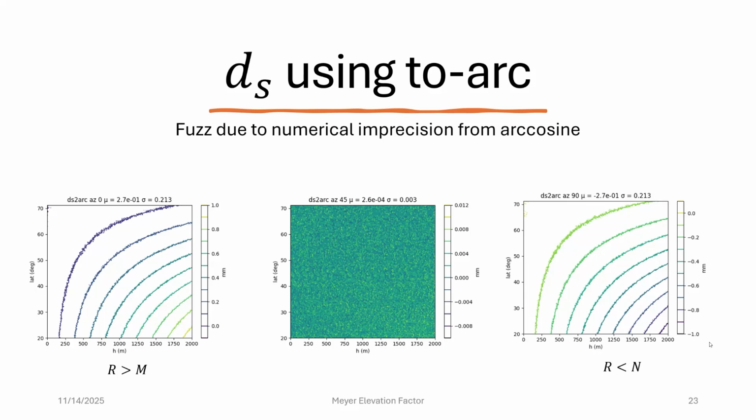We see this fuzz on the iso lines, and at 45 degrees, something horrible seems to have happened here. What's going on is that the implementation of the arc cosine function is based upon a truncated infinite series for the arc cosine.